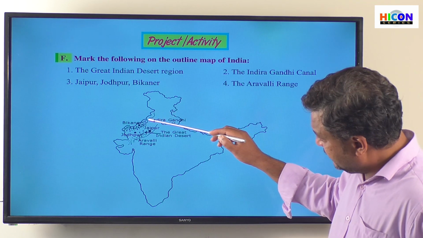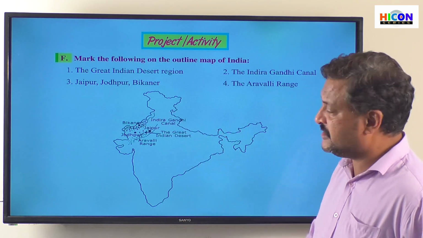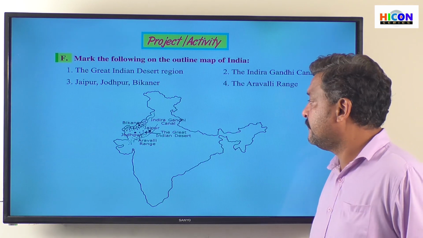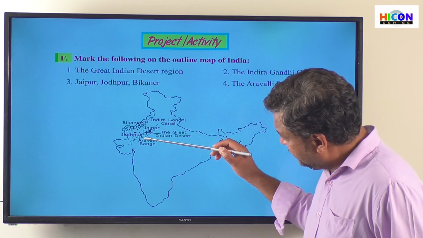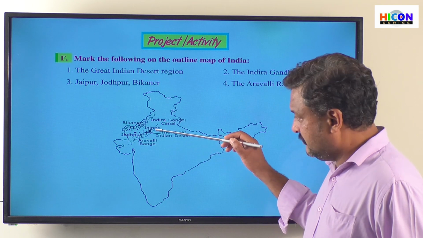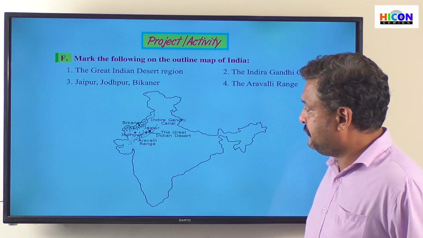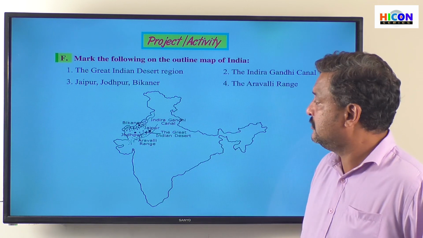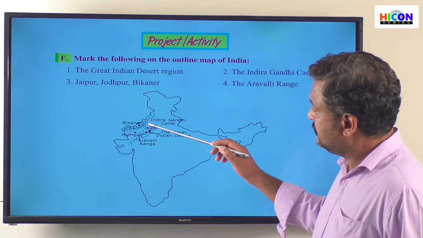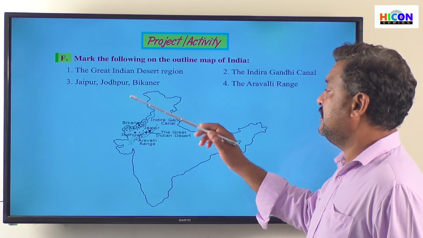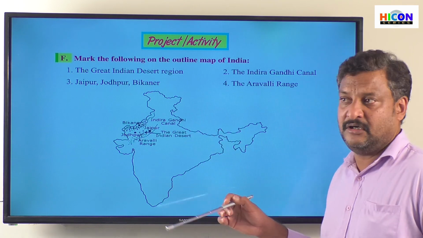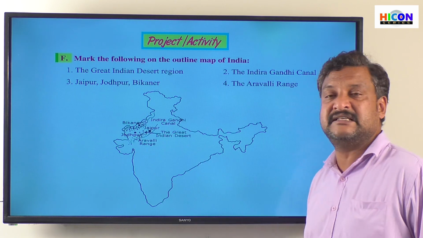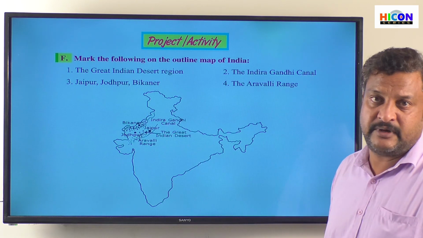This line is the Indira Gandhi Canal, which helps in making hectares and hectares of land cultivable. This line here is the Aravalli Range. To the west of the Aravalli Range is the city of Bikaner. To the west of the Indira Gandhi Canal is Bikaner, close to the border with Pakistan, and Jodhpur is almost at the center of Rajasthan. Right?